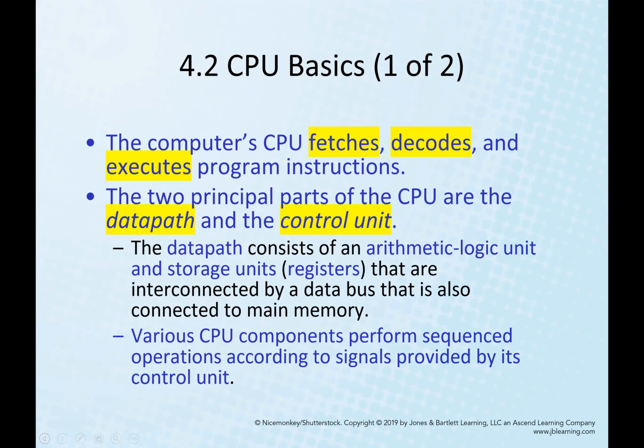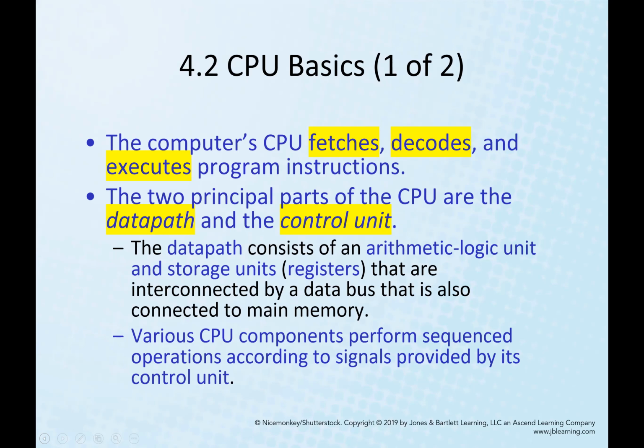The CPU has two principal parts called the data path and the control unit. Of course, each computer has memory and I/O, but the CPU itself has two parts: the data path and the control unit.